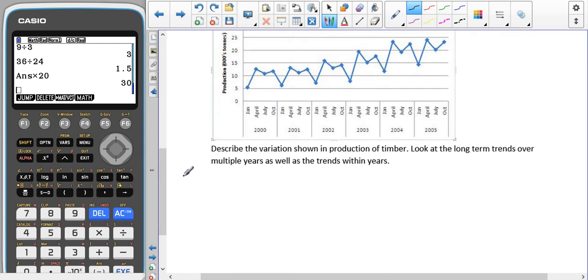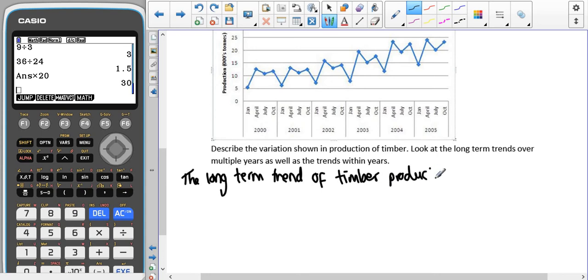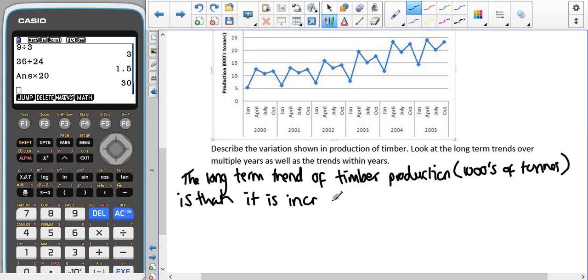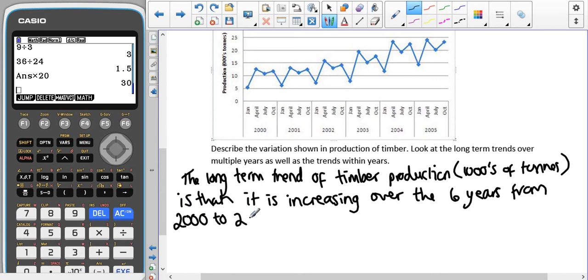So the long-term trend of timber production, remember this is in thousands of tons, is that it is increasing over the 6 years from 2000 to 2005 inclusively. That means that we include the year 2000 and the year 2005.